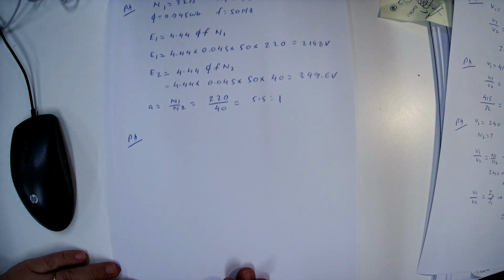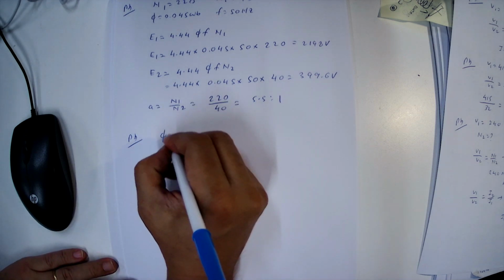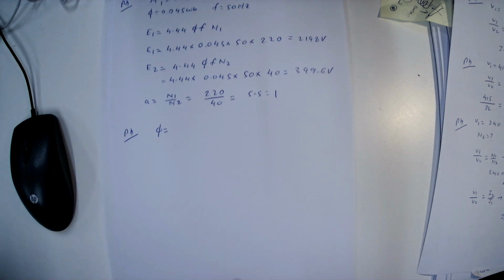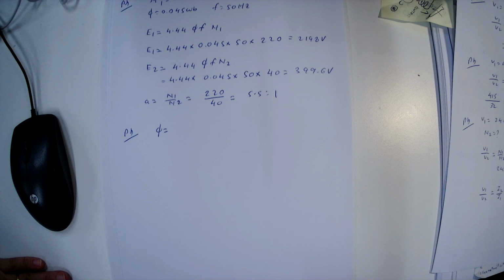Another problem. A transformer with a core flux of 25 milliweber, primary winding of 1000 turns, secondary winding 1500 turns. We have to calculate the secondary voltage if the supply frequency is 50 Hz. In this case, the core flux is the same for both the primary and the secondary, so based on the number of turns, the transformer voltage will change.